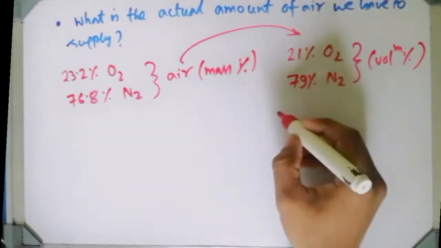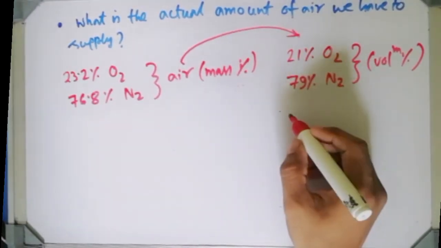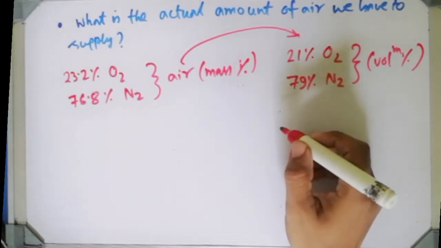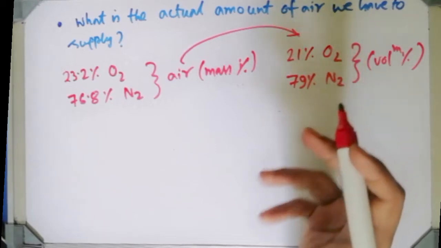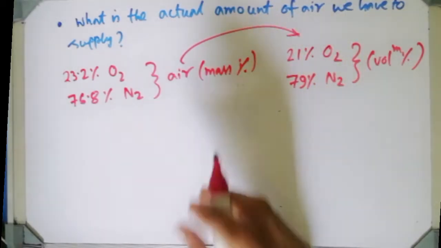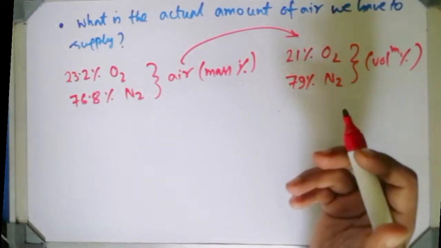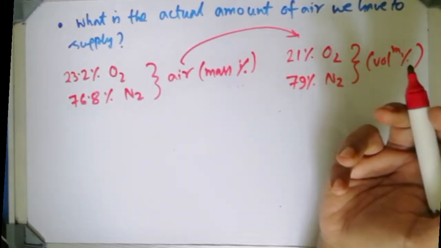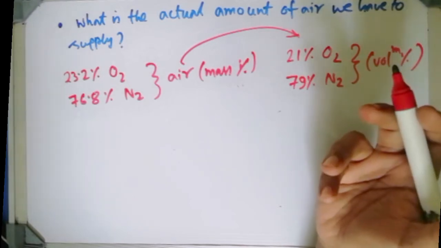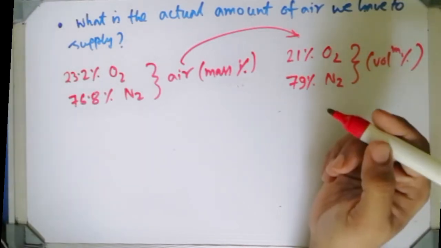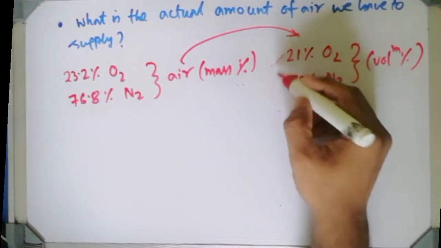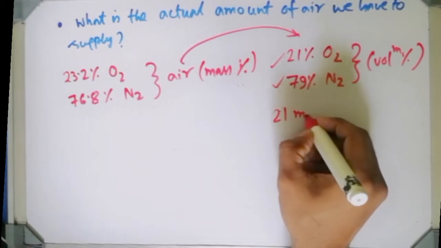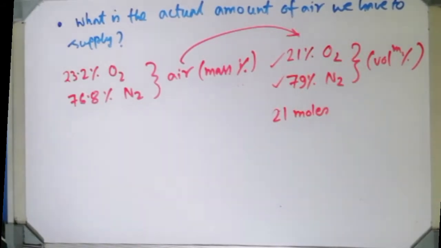From our childhood knowledge we know that mole is expressed for amount of substance, and that is nothing but volume. So from this ratio we can say that 21 moles of oxygen goes with 79 moles of nitrogen, isn't it?